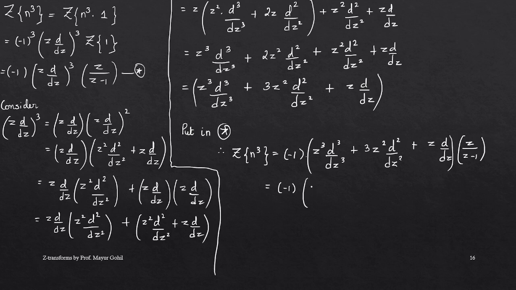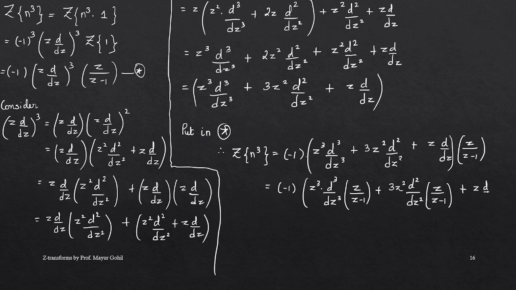So minus 1 outside, z³ times the operator operating on z over z minus 1, plus 3z² d²/dz² operating over z over z minus 1, plus z d/dz operating over z over z minus 1. Okay, this whole thing is under a bracket.